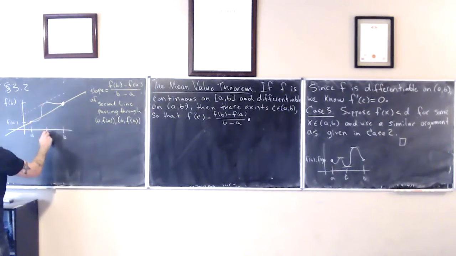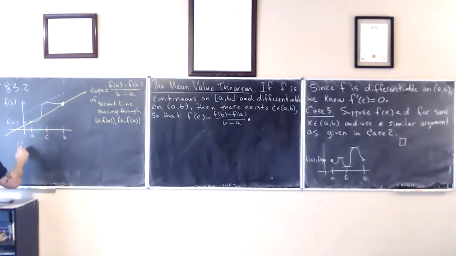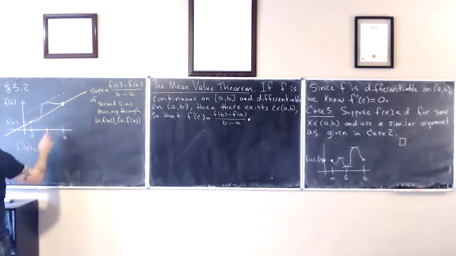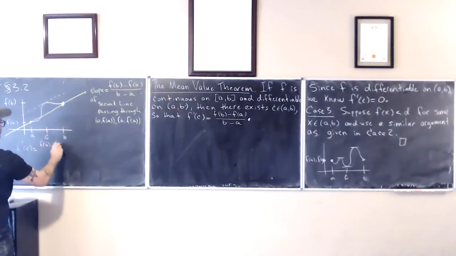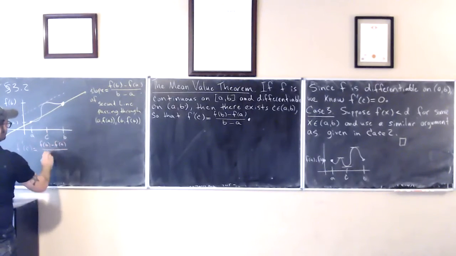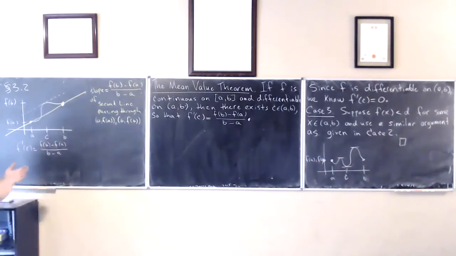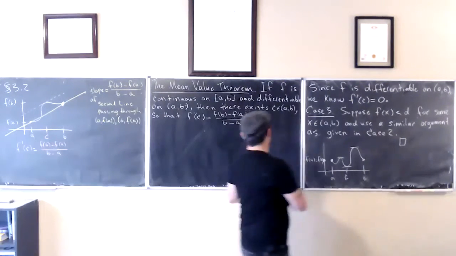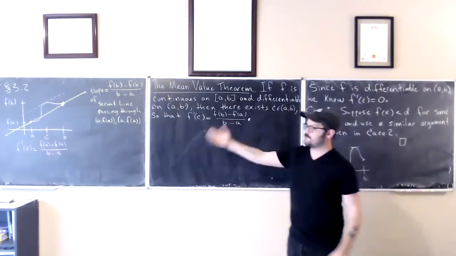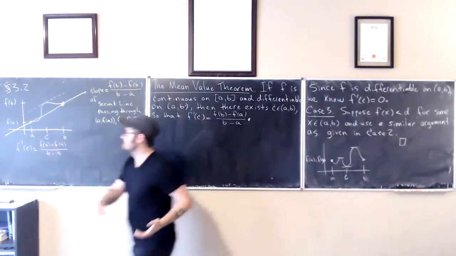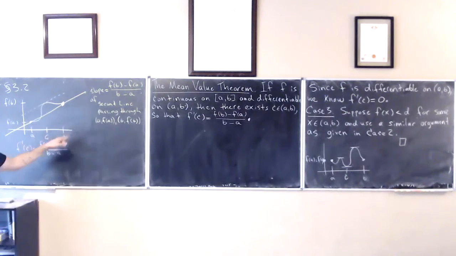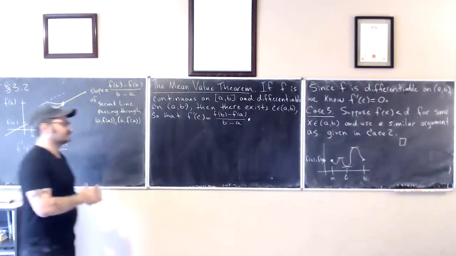So then here, that would be your c, and we'd see that with this picture here, the derivative at c, which is the slope of that line, is equal to the slope of the secant line passing between these 2 points. So hopefully, the statement of the theorem makes sense because it's continuous and because it's differentiable in the open interval ab. It must be the case that this is going to happen, and we're going to prove that here in a moment.